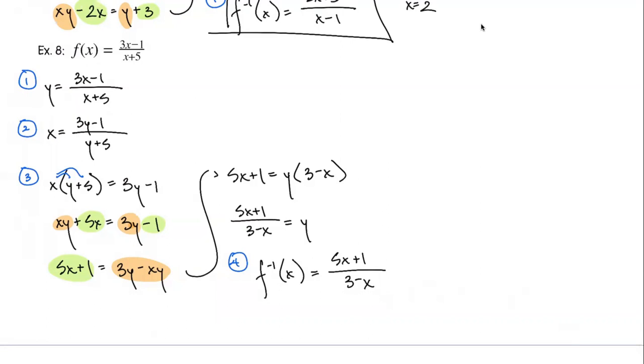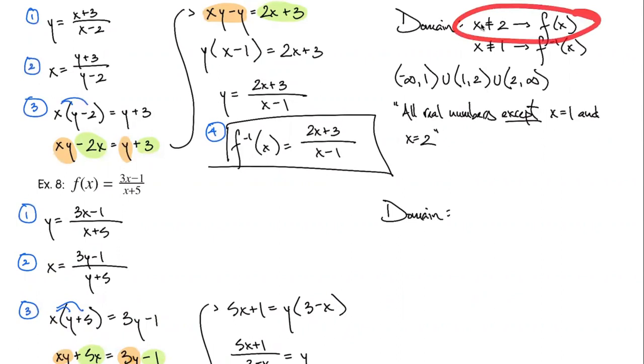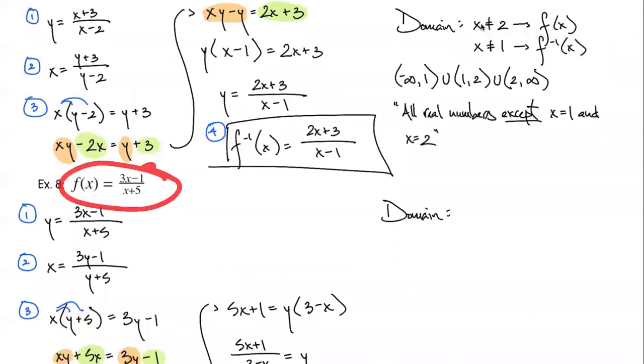Now, before we finish this off, we got to go ahead and find our domain. So let's approach this the same way we did over here, which is think about what numbers are problematic for the original function and what numbers are problematic for the inverse function. Over here, I have f of x equals 3x minus 1 over x plus 5.